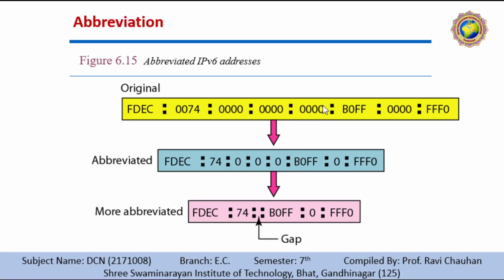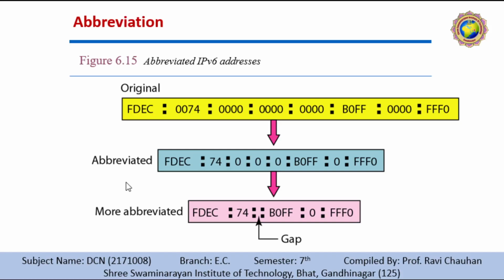Fine, all the zeros will be 0 like this. Note that digits which are F, D, E, C cannot be abbreviated.